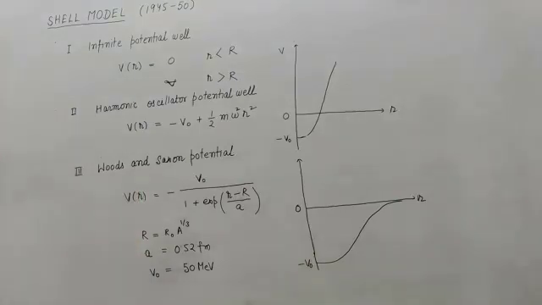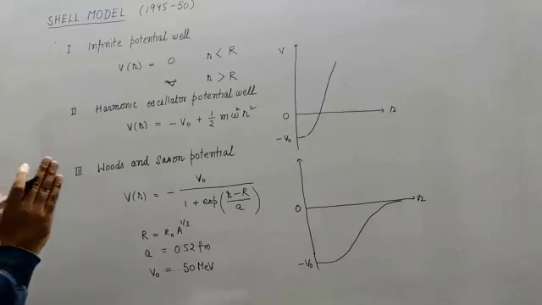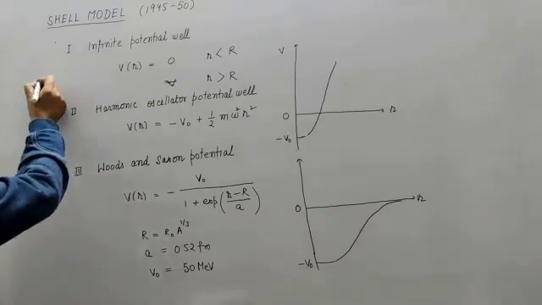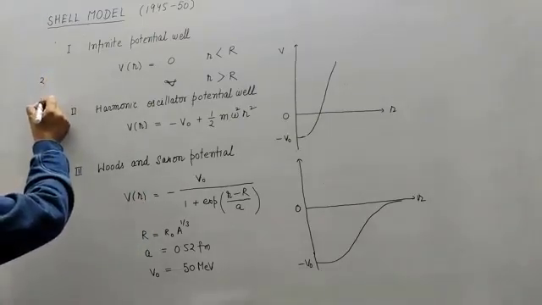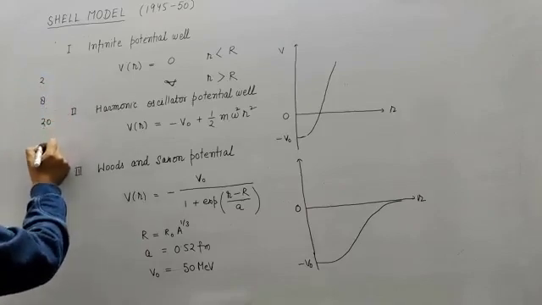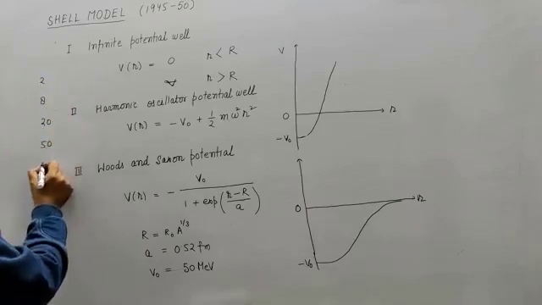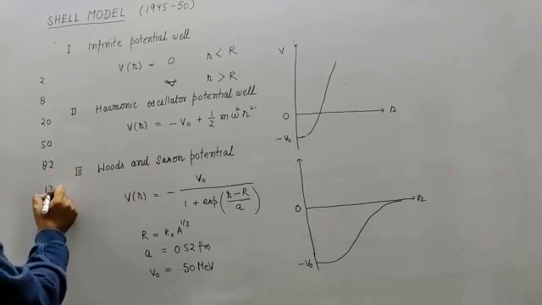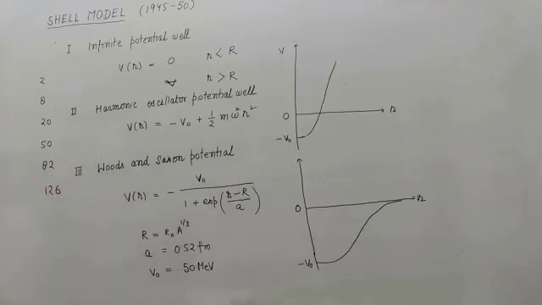These are the typical parameters for this Woods and Saxon potential. But when people substituted these values of potential inside the Schrodinger equation, they were able to find only a few magic numbers. What are the magic numbers? 2, 8, 20, 50, 82, 126.